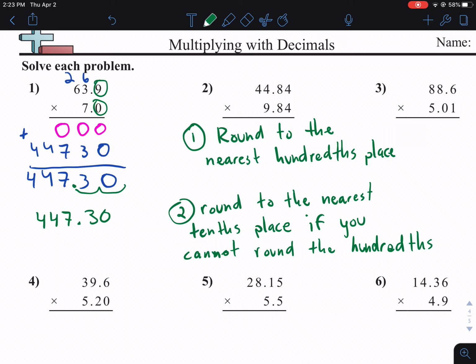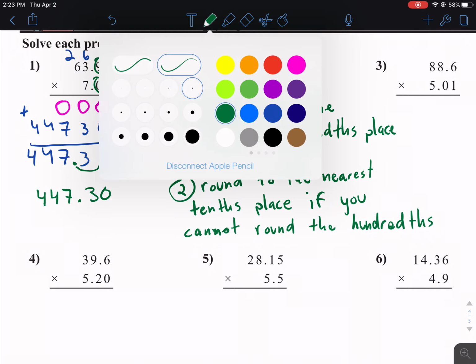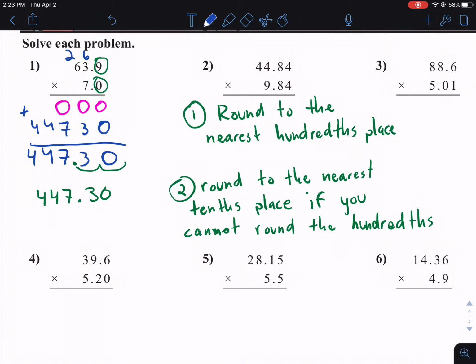Number 1 says round to the nearest hundredths place. Number 2 says round to the nearest tenths place if you cannot round the hundredths. So this example, does it have a hundredths place? Yes, it's a 0. But can you round that 0? Does it have a number to the right? No, it does not.